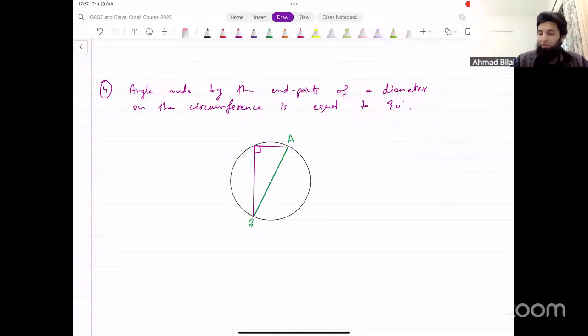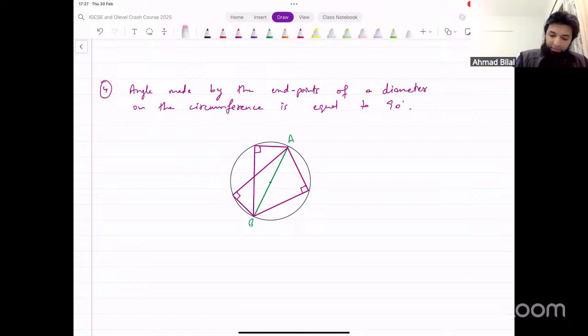Now this chord might be making another angle on the circumference. Let's say that's here. This is also 90. You can make another angle. Let's say that's here. At the circumference coming from the ends of the chord, this is also 90. So angle made by a diameter on the circumference of a circle is always equal to 90 degrees.